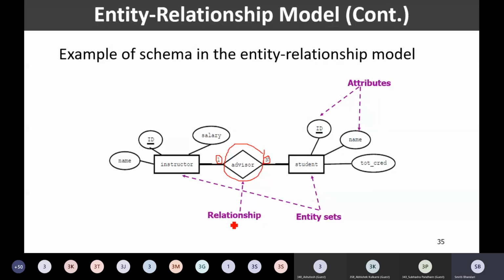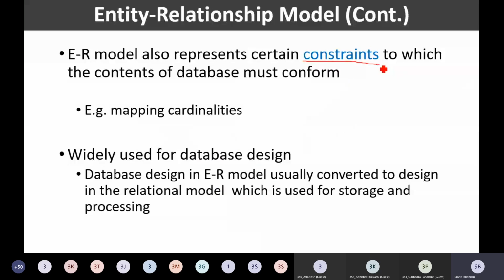Whenever we deal with ER diagrams in detail, we are going to focus on these concepts in depth. So as I mentioned, in ER models we are representing constraints, and one kind of constraint is the mapping cardinalities. Those are meaningful for defining the relationships between the entity sets.